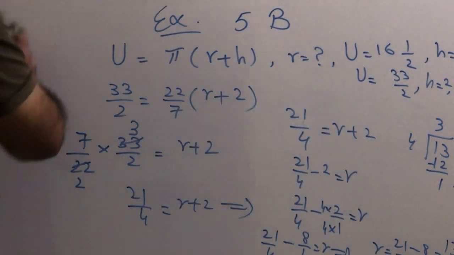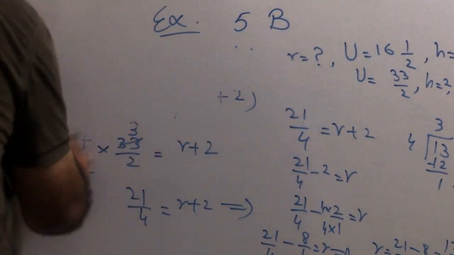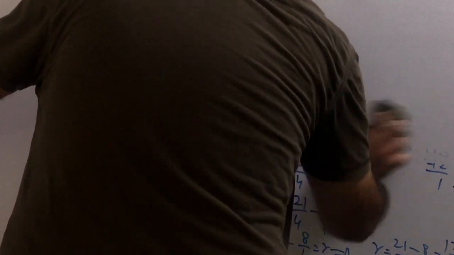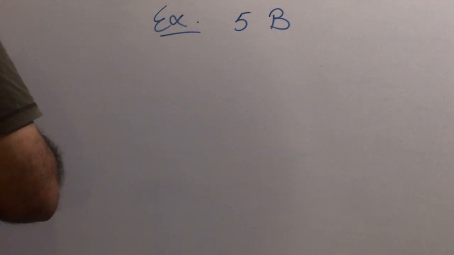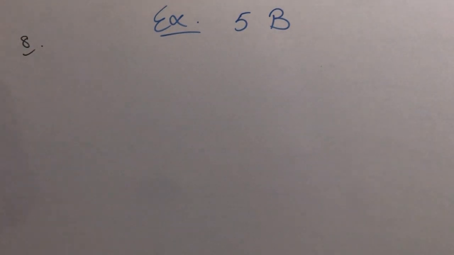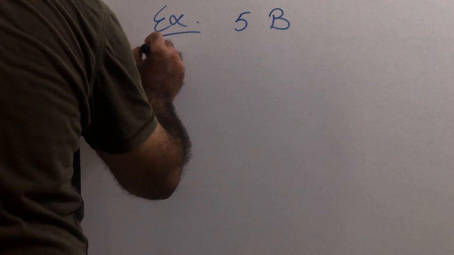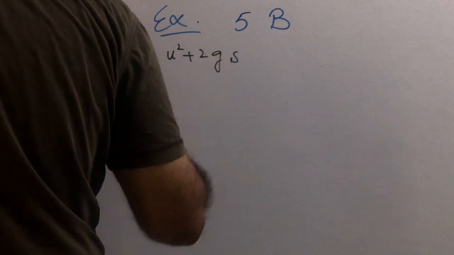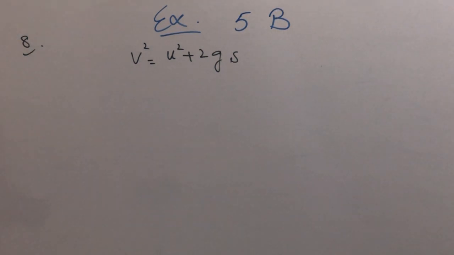Now we will be doing question number 8. Question number 8 says, if v square is equal to u square plus 2gs, this is the equation, this is the formula for velocity.